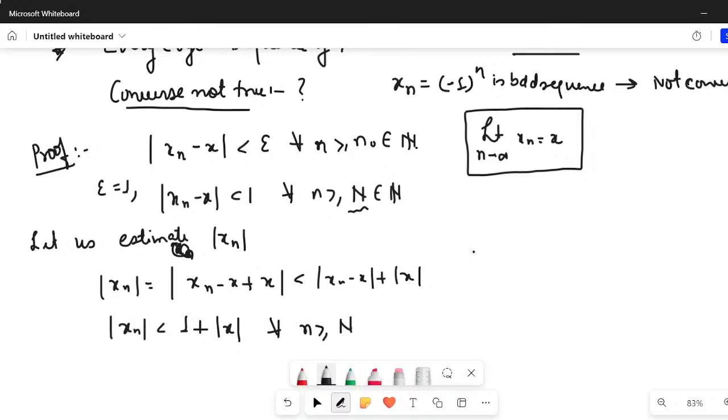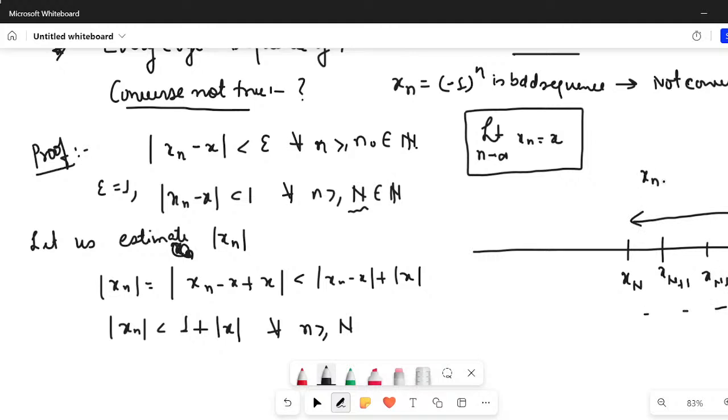What does it imply? Let me write down the sequence elements: x_N, x_{N+1}, x_{N+2}, and so on and so forth. For all these elements, it is very clear that the upper bound would be 1 plus |x|. For the earlier ones we don't know.